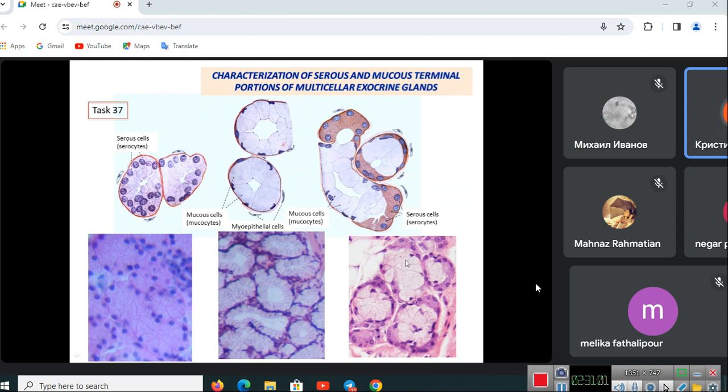It has mucocytes with pale cytoplasm and flattened cell nuclei, and serocytes, protein-producing cells, located at one end in hemilunes, in the form of a moon crest. Here they are. They produce proteins, and also some myoepithelial cells can be seen because of their flattened cell nuclei.